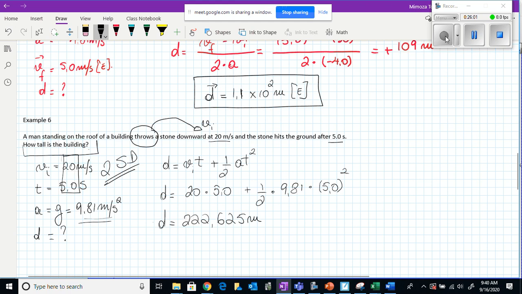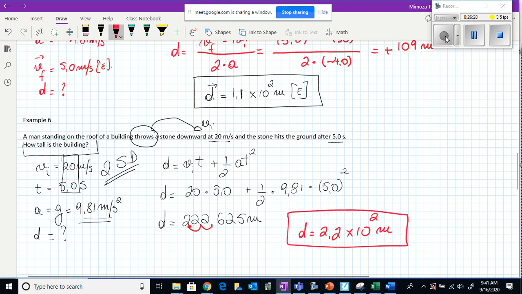And in order to record it, since we have a large number, we have to use the scientific notation form of the number. So we'll move the decimal point between the first 2. So this will be 2.2 times 10 to the power of 2 meters. Why does it state 2.2? Because the digit that is after the second 2 is less than 5. Great.